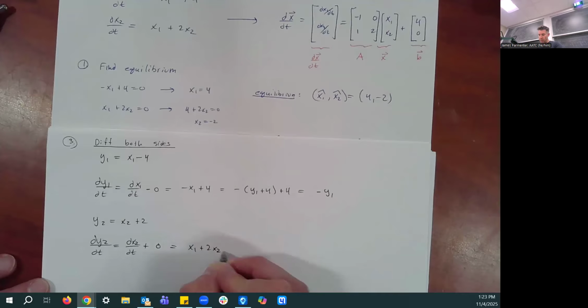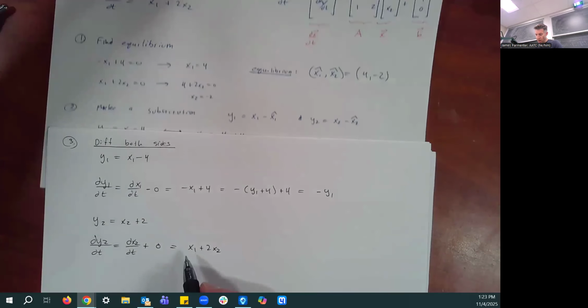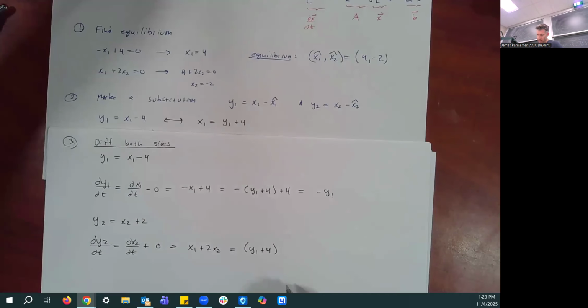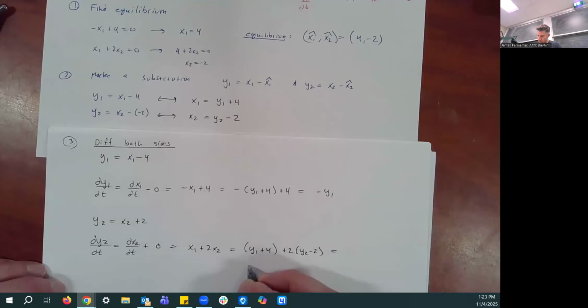Plugging in that x1 is equal to y1 plus 4 and x2 is y2 minus 2, we end up getting y1 plus 4 plus 2y2 minus 4, or just y1 plus 2y2.